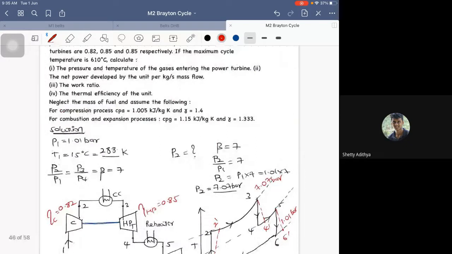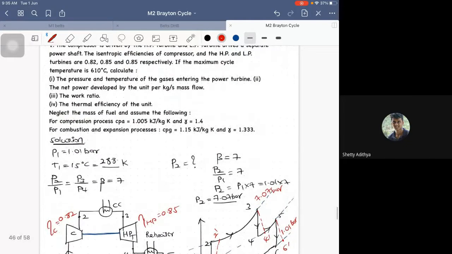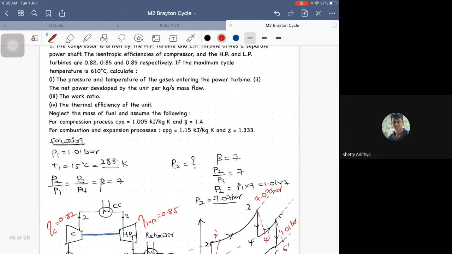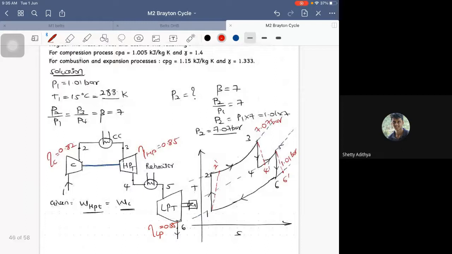Next. Okay, if the maximum cycle temperature is 610 degrees Celsius, which is the maximum cycle temperature? Whether it is T1, T2, T3. T3. Very good. So T3 value is being given. Please give me the value in Kelvin directly.